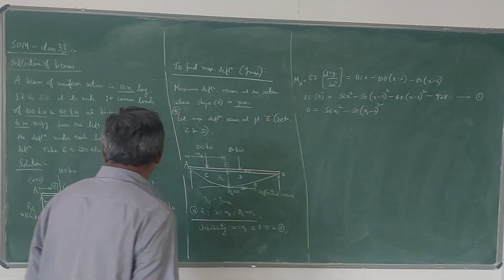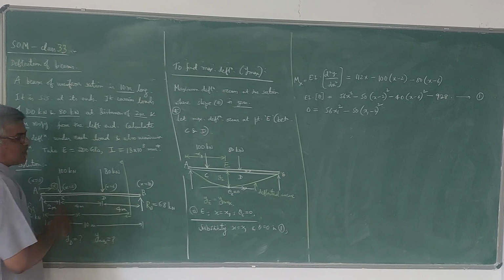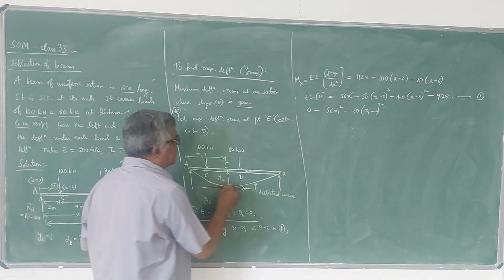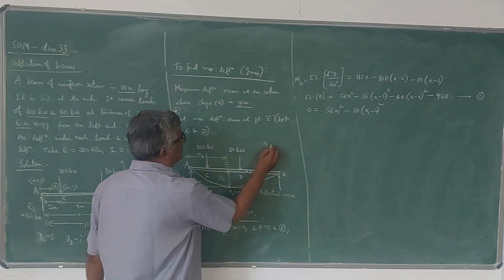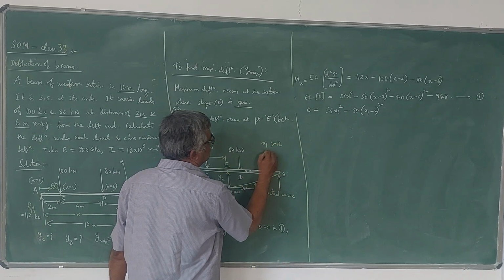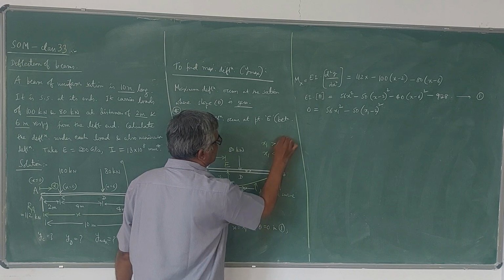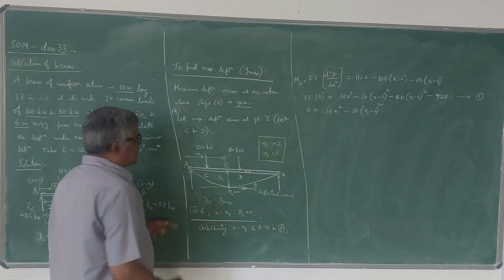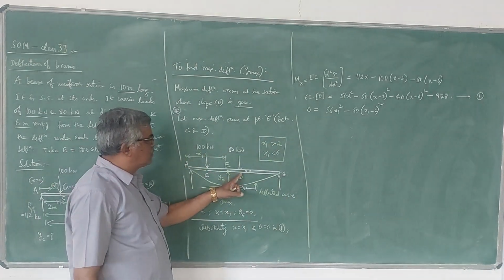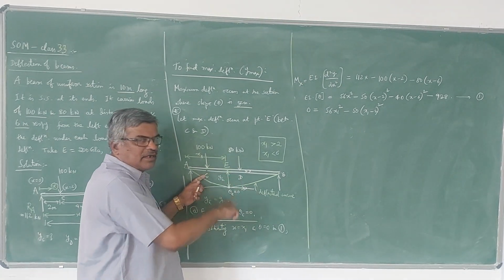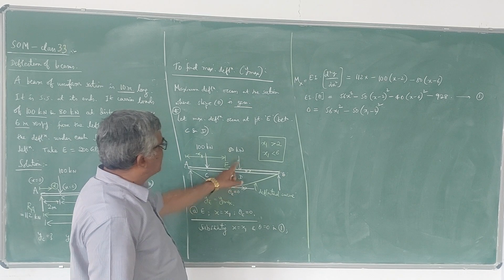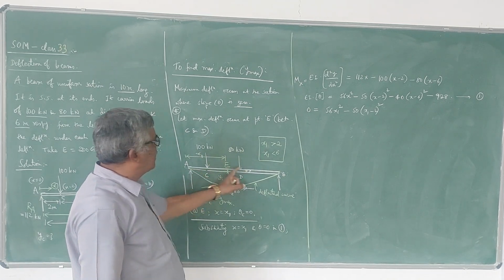Please note that if I assume the maximum deflection between C and D, this x1 should be greater than 2, but it should be less than 6. Because at C x is equal to 2, at D x is equal to 6. If you assume that maximum deflection is at some point between C and D, that is E, that value of x1 should be in between 2 and 6.